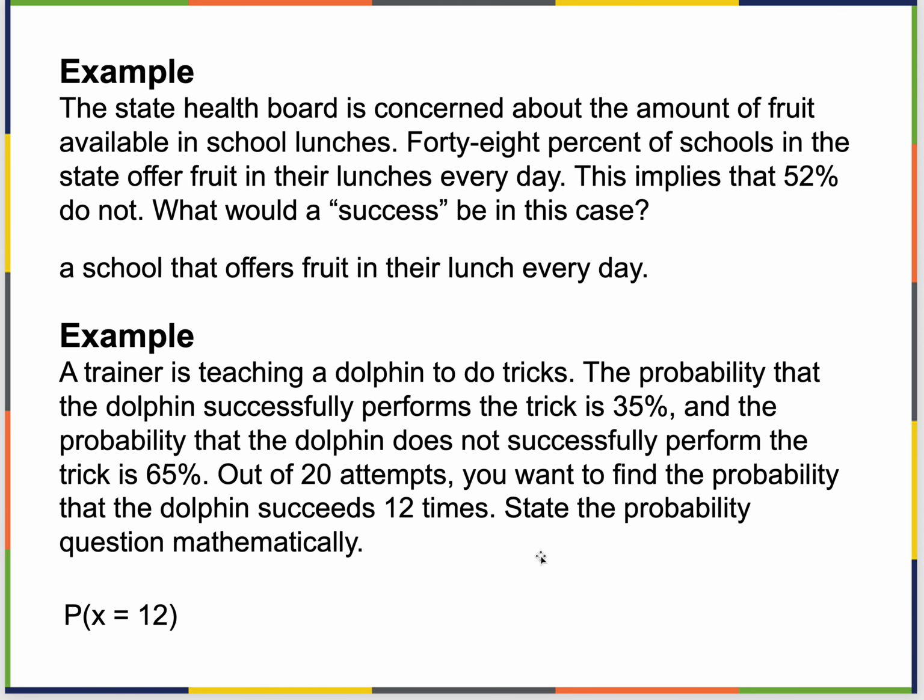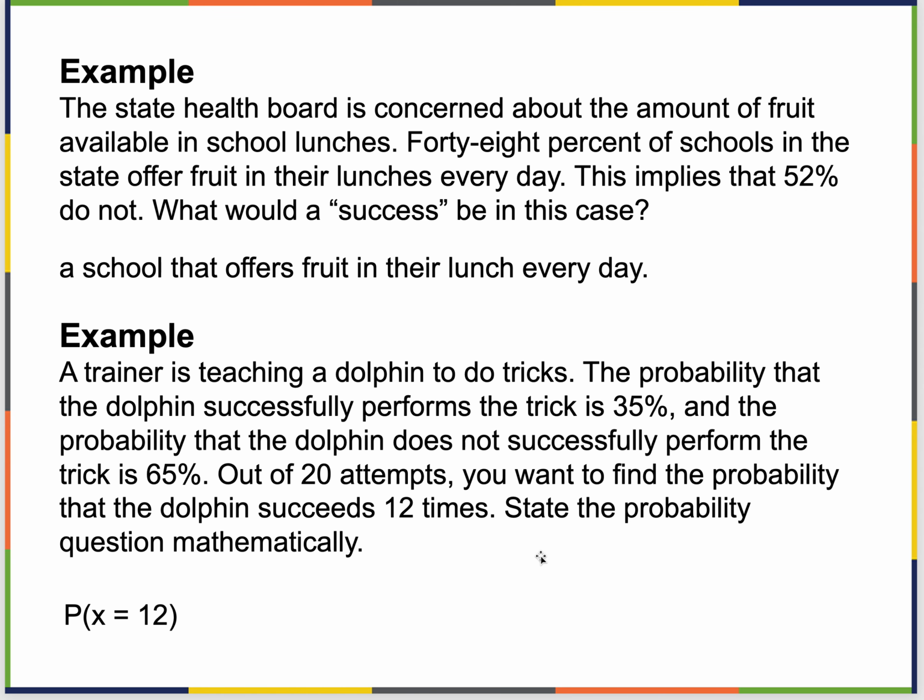Here's an example. I'll do the first one. You do the second one the way I did the first one. The State Health Board is concerned about the amount of fruit available in school lunches. 48% of schools in the state offer fruit in their lunches every day. This implies that 52% do not. So the probability, if I pick a school at random, that they provide fruit is 0.48, or 48%.